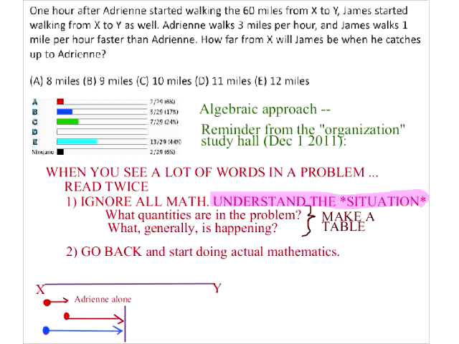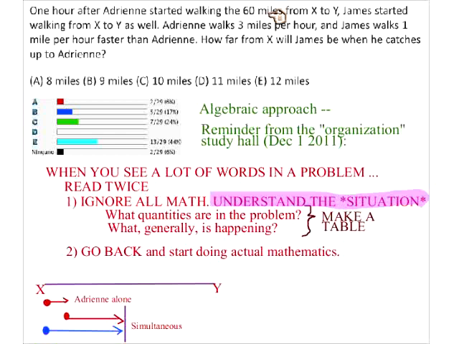So these walks here are simultaneous, but first, Adrian gets a head start because she walks by herself. If you did not realize that this is what's going on, then that means you got into doing math too early, and you were not thinking about what's happening in the problem. Because the fact that they walk 60 miles is absolutely unimportant here.